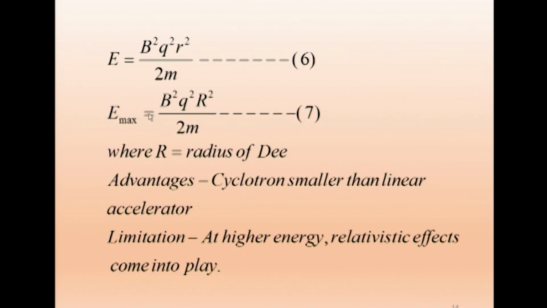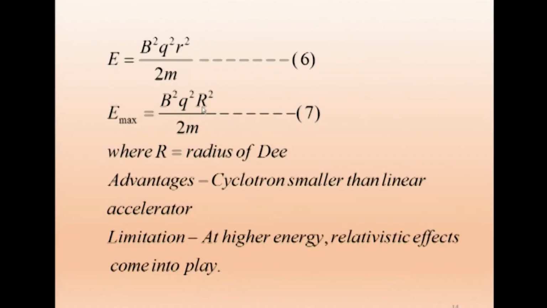So you find that when a large magnetic field is applied, and also if the size is large, it can get large energy. Suppose the magnetic field is 1 Tesla and you make it 2 Tesla, then energy is not doubled, it becomes 4 times, because 2 squared is 4.